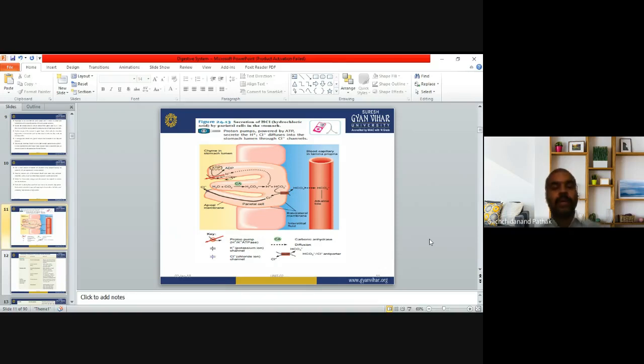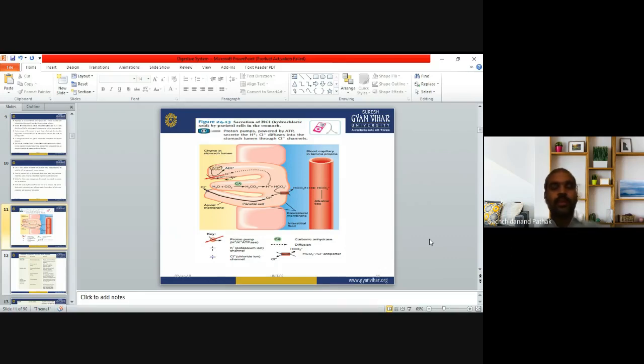This bicarbonate, HCO3 minus ion, will go into the interstitial fluid and into the bloodstream and make the blood alkaline. Similarly, chloride comes in with the help of the chloride and bicarbonate antiporter.